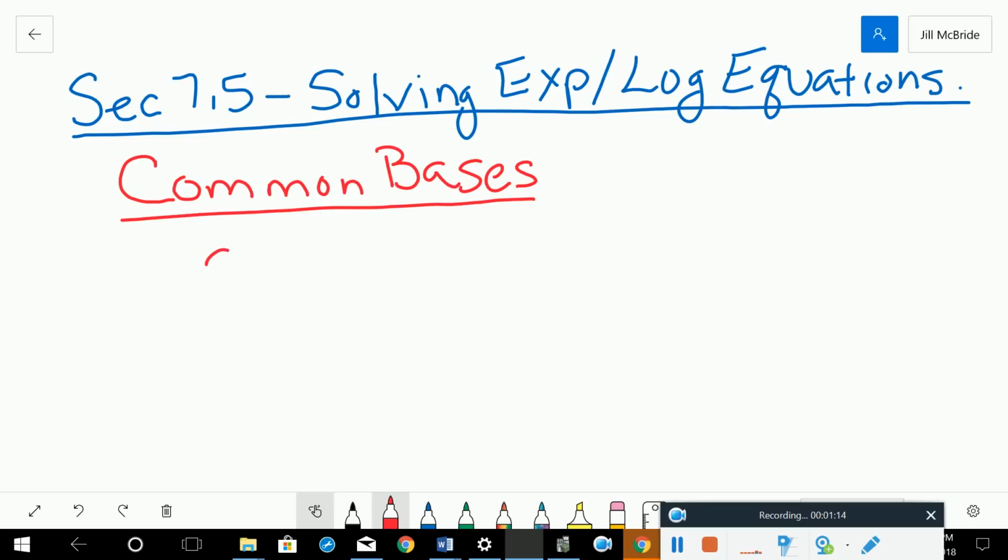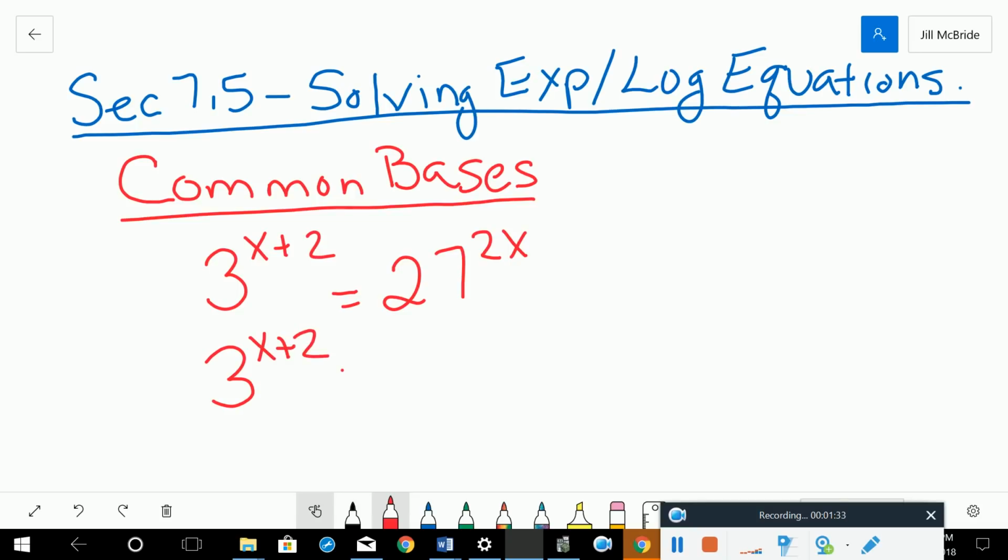For example, 3 to the x plus 2 equals 27 to the 2x. Okay? What I can do here is write both sides as a power of 3. Obviously, the left side is already written as a power of 3. So 27 I'm going to replace with 3 to the third.